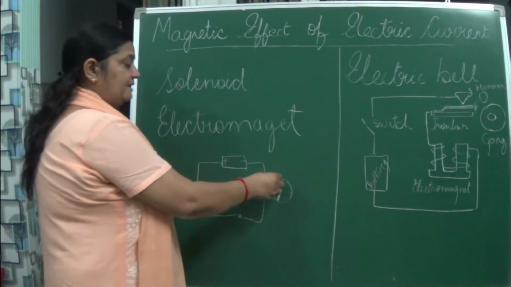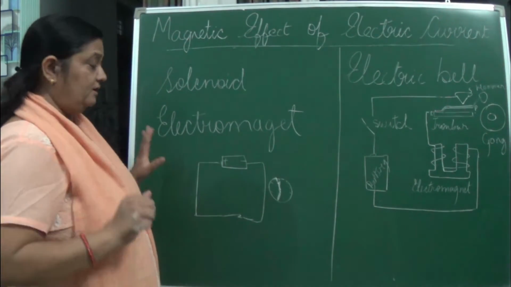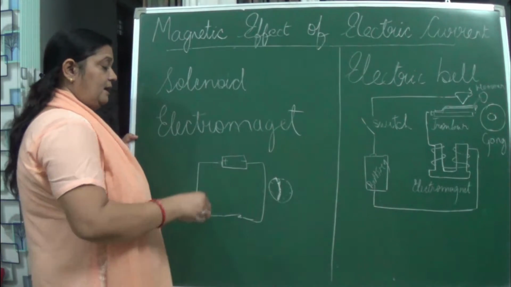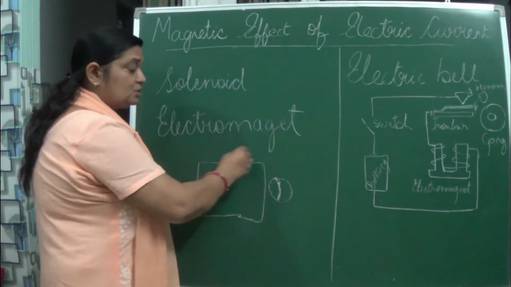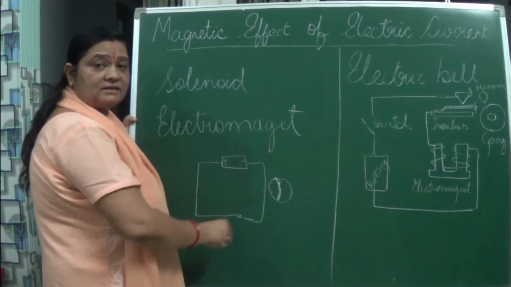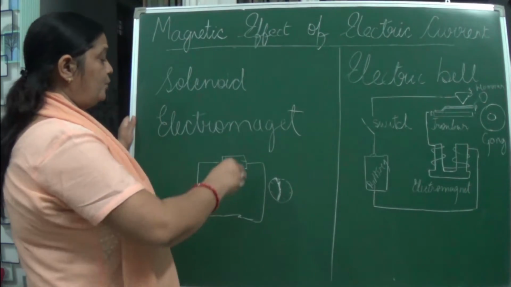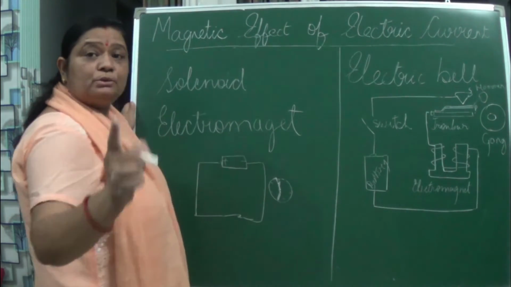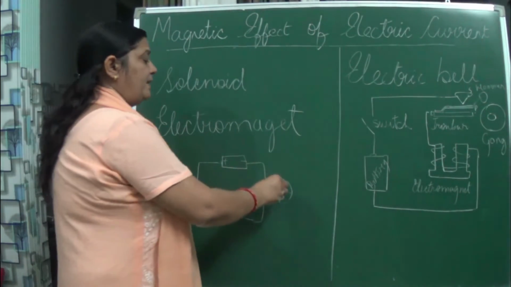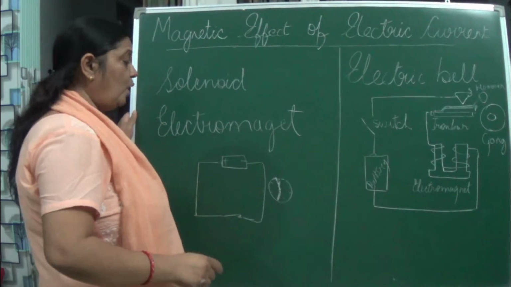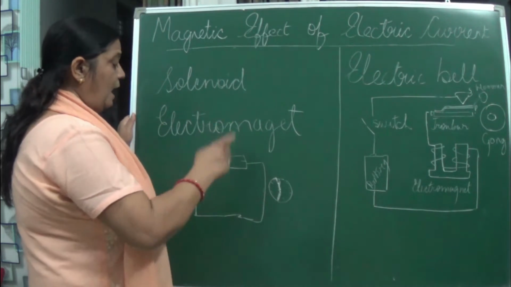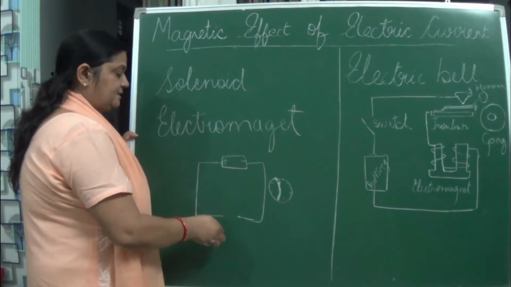This is a magnetic compass and it is showing deflection. It means when current passes through the wire, it has magnetic properties also, and due to that, this magnetic compass showed the deflection.